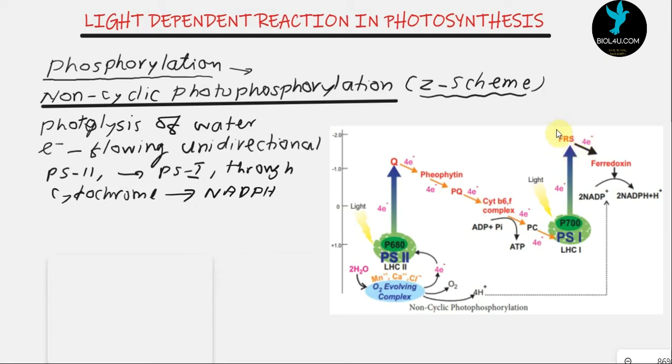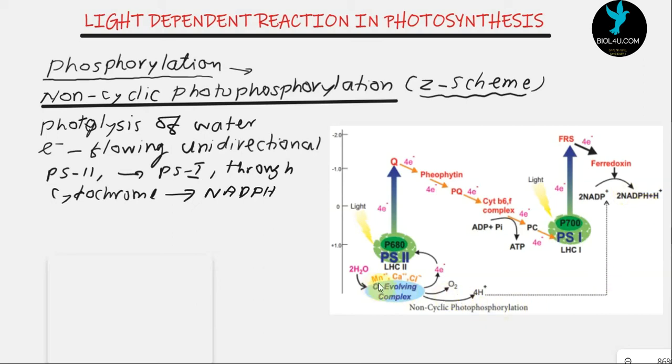So the FRS, an iron containing substrate, gives the electron to the ferredoxin, and this ferredoxin helps to reduce NADP to NADPH2. Here this hydrogen ion is actually given by the water molecule.